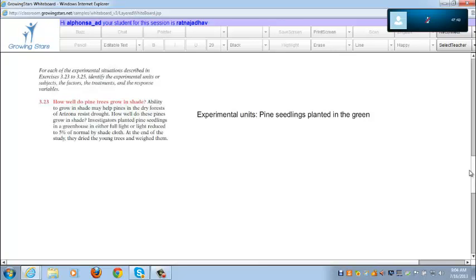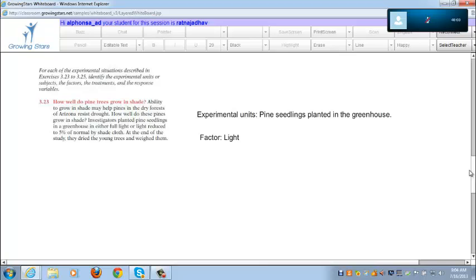Okay, and then the factors. The factor is light, and light has two different treatments. We apply two different treatments here.